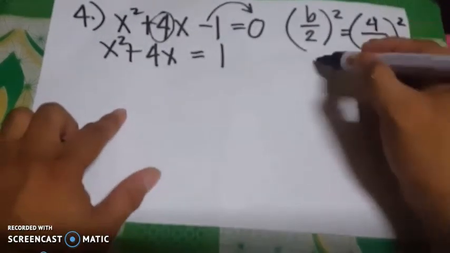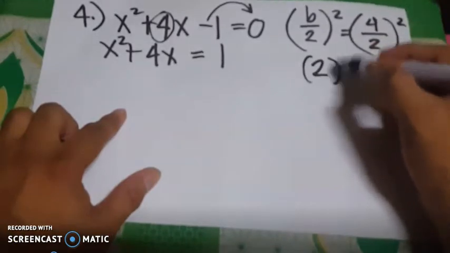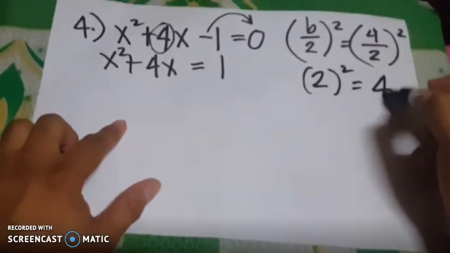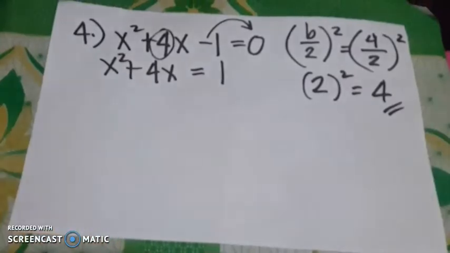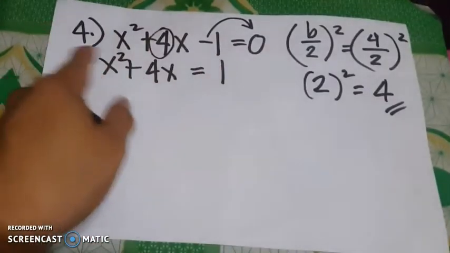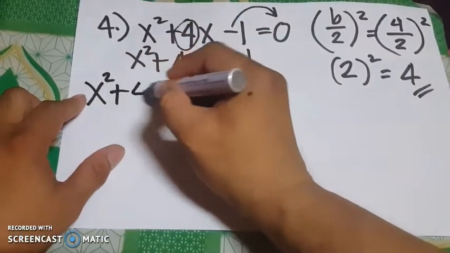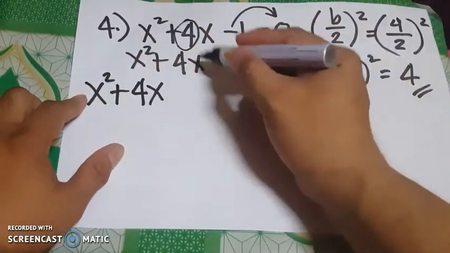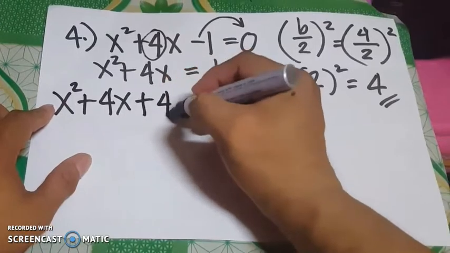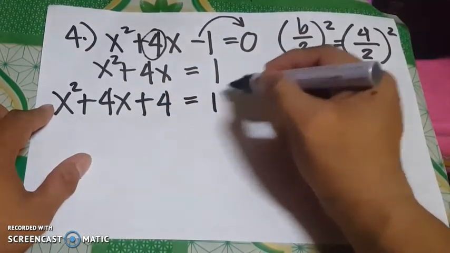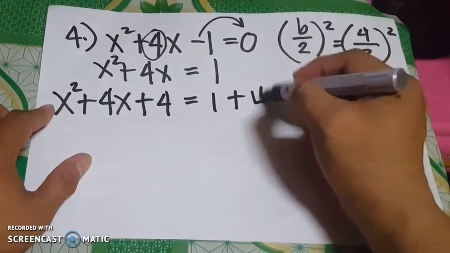Then, 4 divided by 2 is 2 quantity squared, which is equal to 4. So, that number 4 is to be added on both sides of the equation. So, it will become x squared plus 4x plus 4 equal to 1 plus 4.